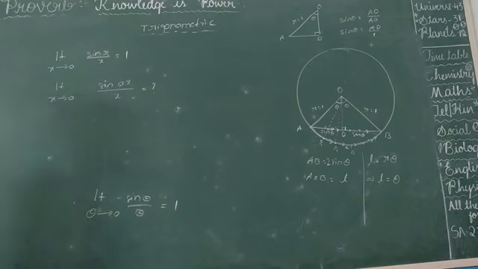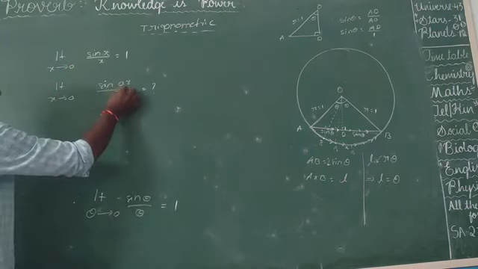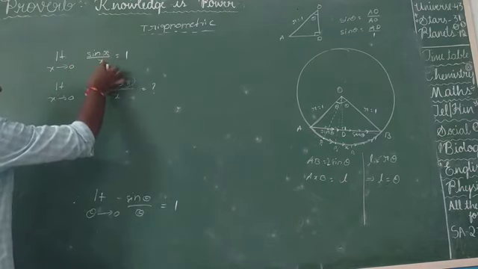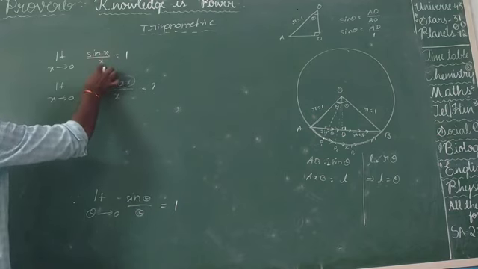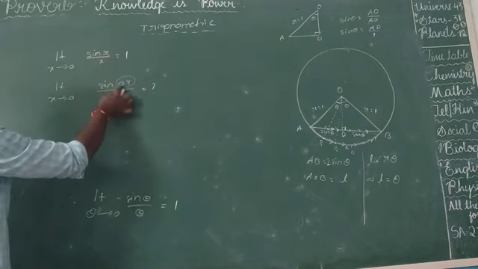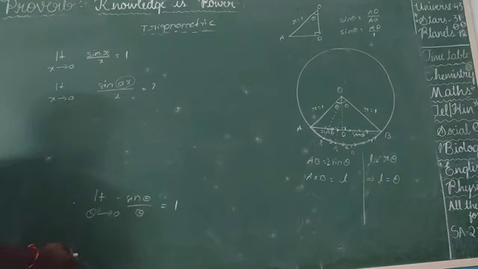This question is just for example. Limit x tends to 0, sin x by x equals 1. But with sin ax by x, the angle of the trigonometric function is ax, and it should be divided by the same angle. Sin x by x is 1, but sin ax by x is not equal to 1.